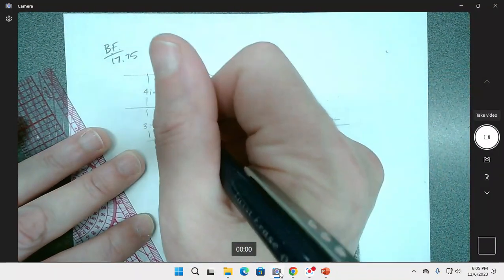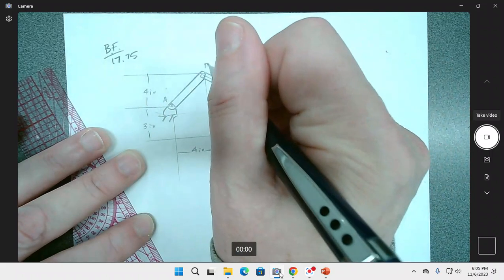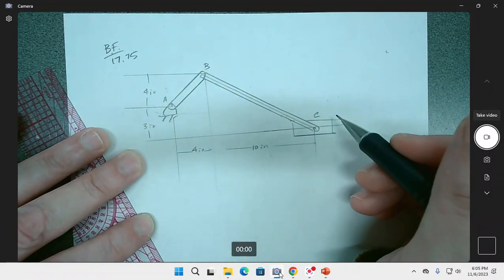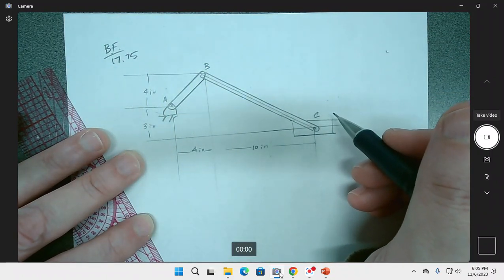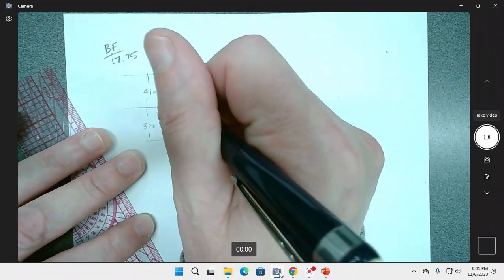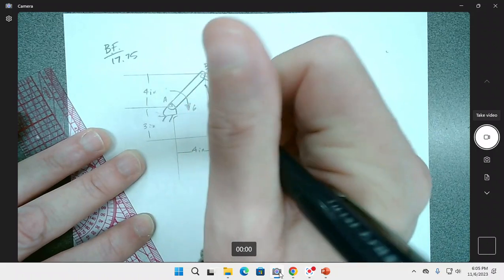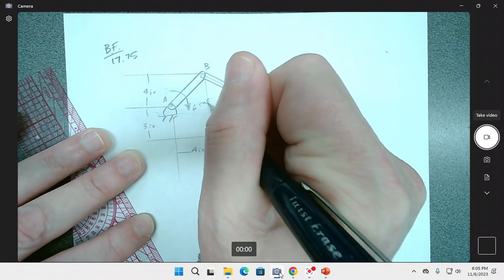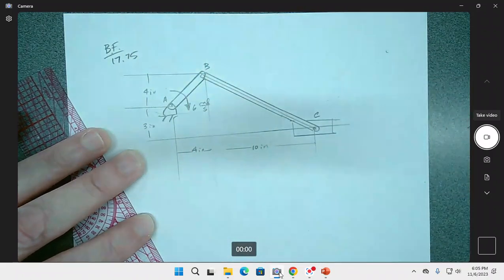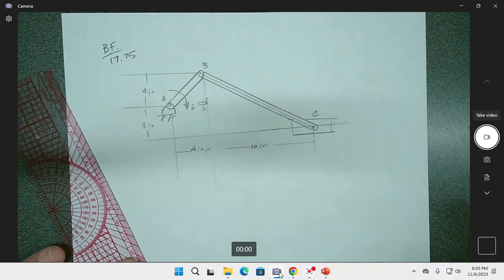And the labeling of it is A, B, and C. And our known is going to be 6 radians per second. So, let us begin.